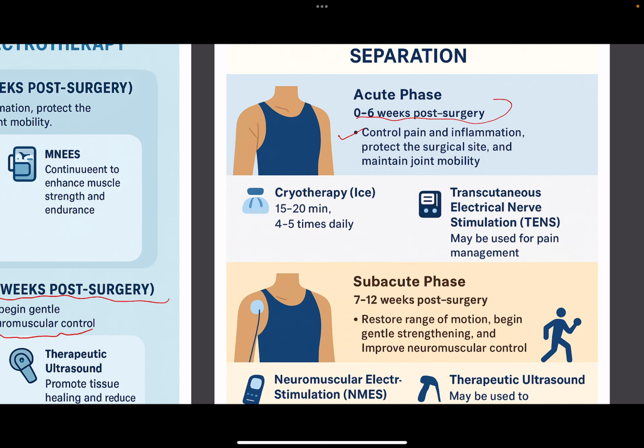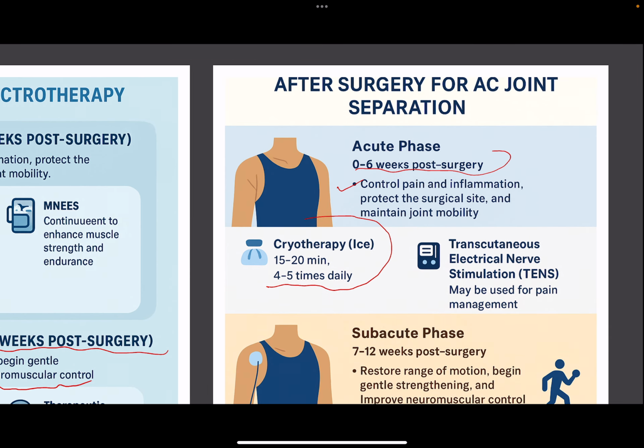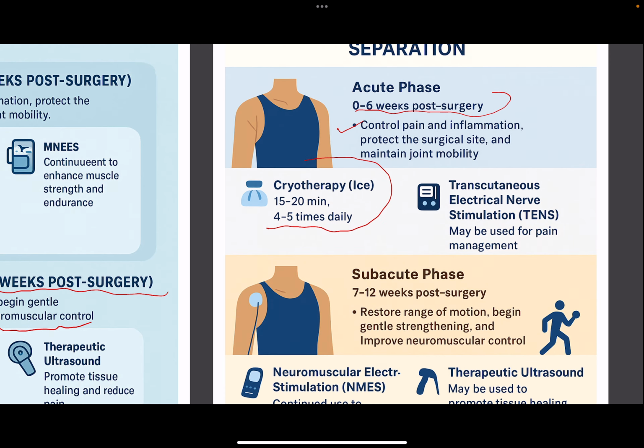Also, cryotherapy 15 to 20 minutes 4 to 5 times daily. Okay, transcutaneous electrical nerve stimulation may be used for pain management as we mentioned before.